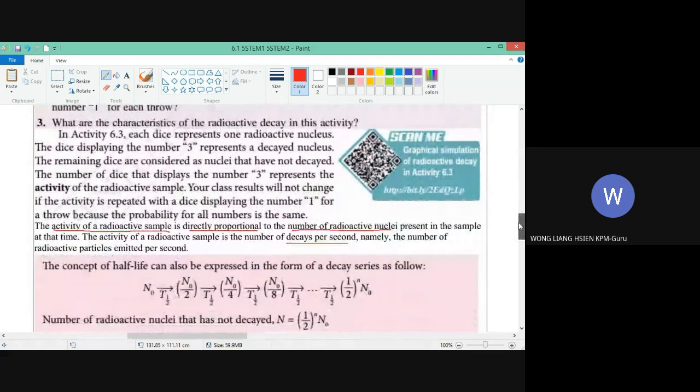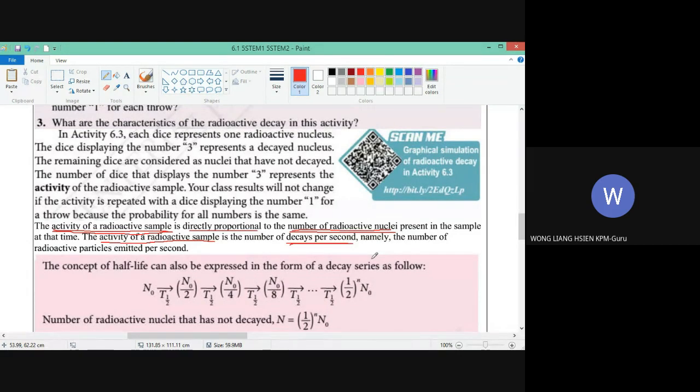Okay, so you see here. It says that activity of a radioactive sample is directly proportional to number of radioactive nuclei present in the sample. So we want to know what it means by activity of a radioactive sample. Activity of a radioactive sample is the number of decays per second.